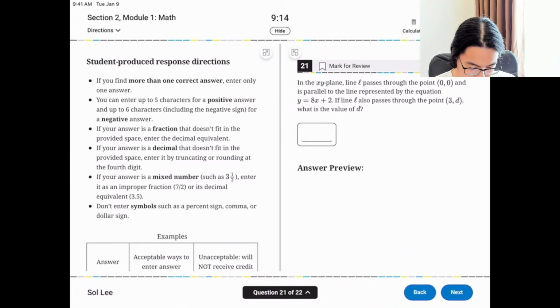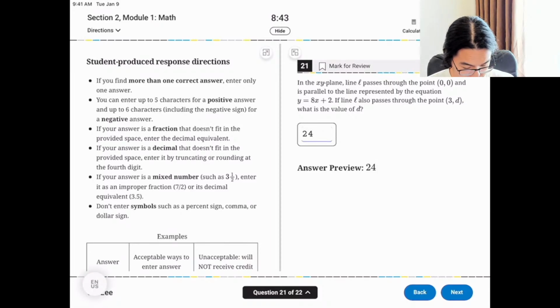In the xy plane, L passes through 0, 0, and is parallel to y equals 8x. If L also passes through 3, d, hang on, so y equals 8x, the value of d is 24, because it's parallel.